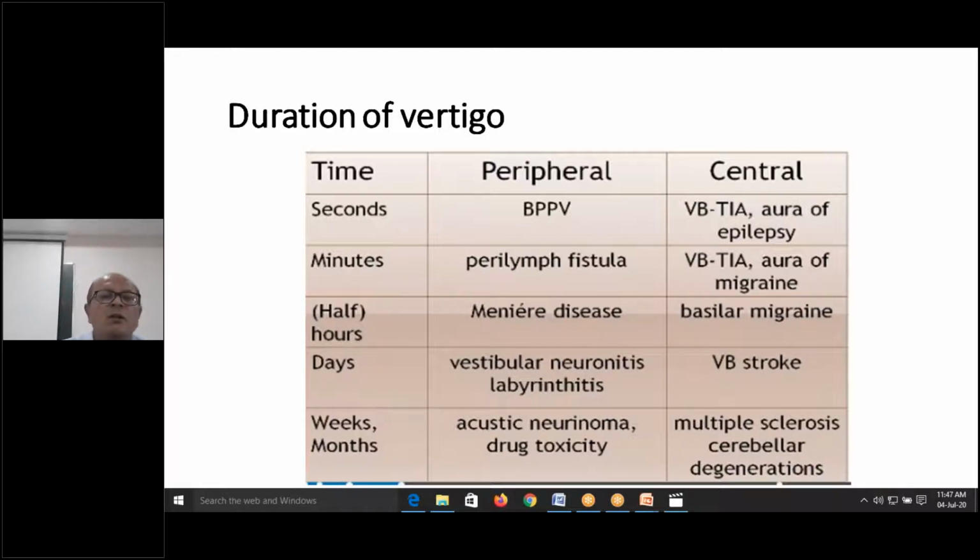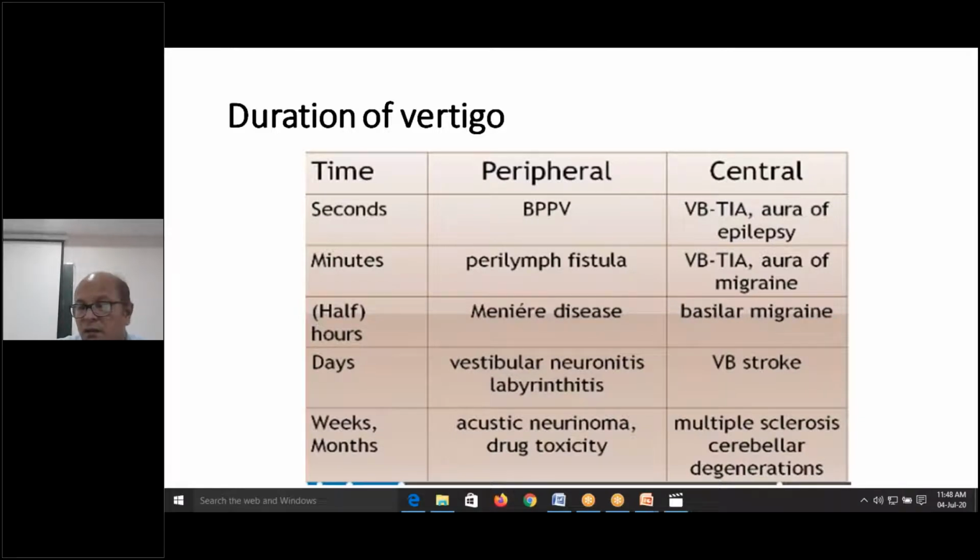So depending on the duration of vertigo, classically you can make the diagnosis from history. A very important thing to remember is to take a very careful history. A good history taking will almost solve 80 to 90% of the diagnosis.